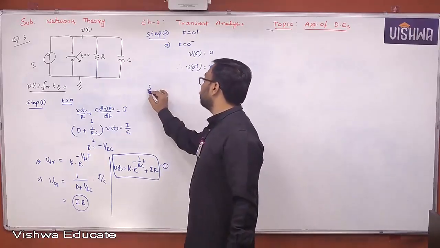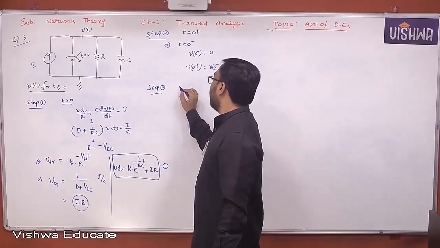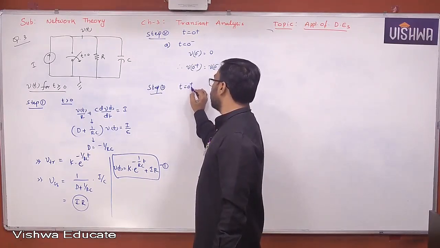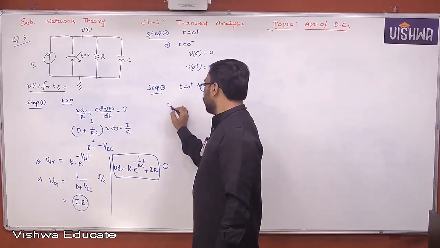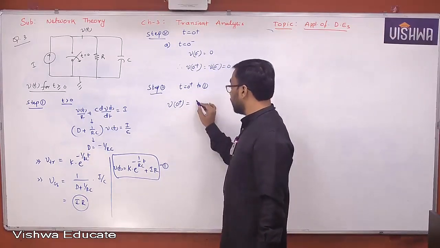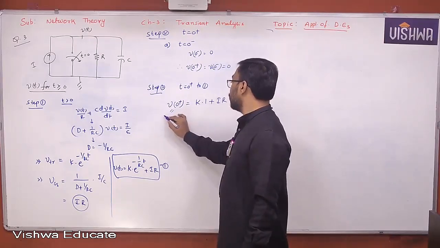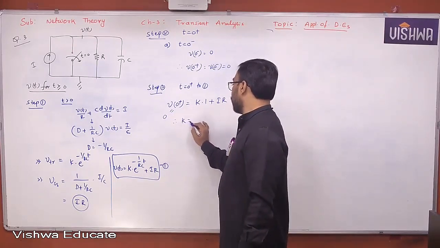Now, step 3. What is step 3? Apply t equal to 0 plus conditions to equation 1. So V of 0 plus is equal to what? V of 0 plus is nothing but K into 1 plus IR. This value is how much? 0. Therefore, what is K? Minus IR.